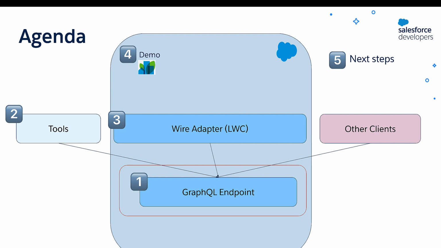Secondly, we'll talk about the tools that you can use with GraphQL. Third section, we are going to talk about the wire adapter, specific to LWC. There is going to be a short demo about that. In the end, we'll close with the next steps.